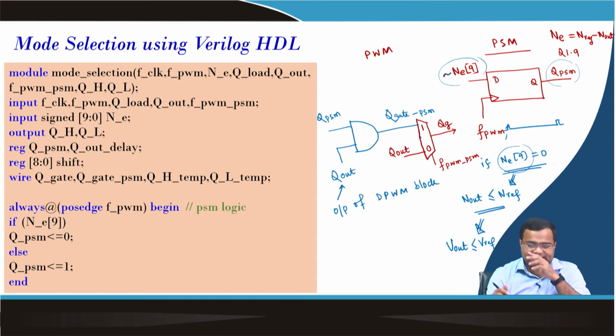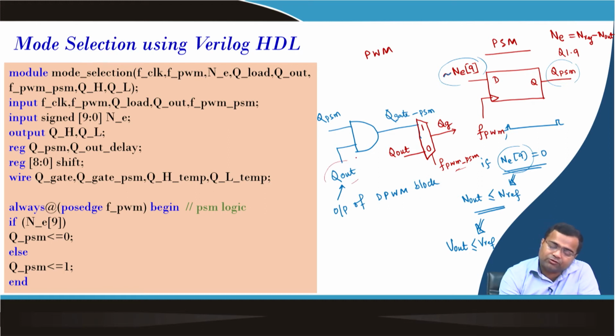If it is set to 0, it will take Q out, the output of the DPWM. In that case, the input to the DPWM will be the output of the controller, N con PWM. But if this is high, it will set the PSM logic, and the DPWM output will be ANDed with QPSM.